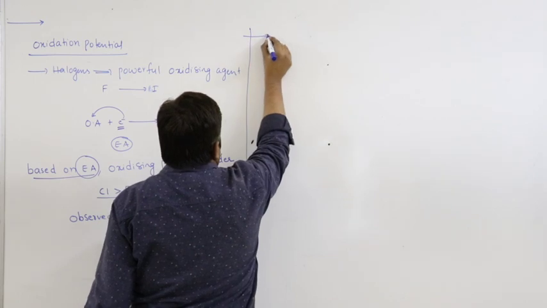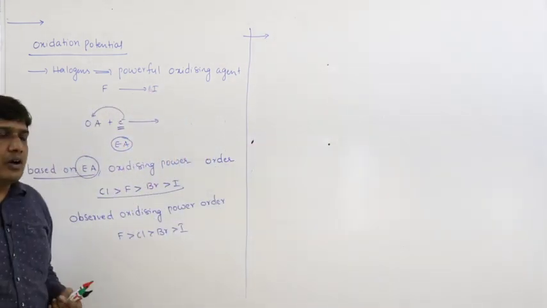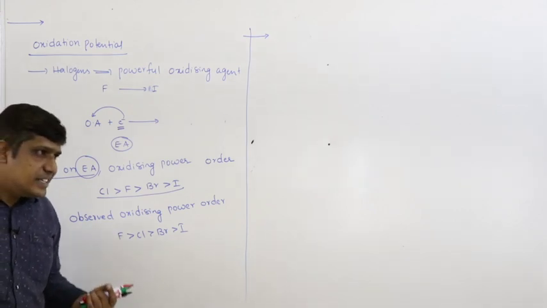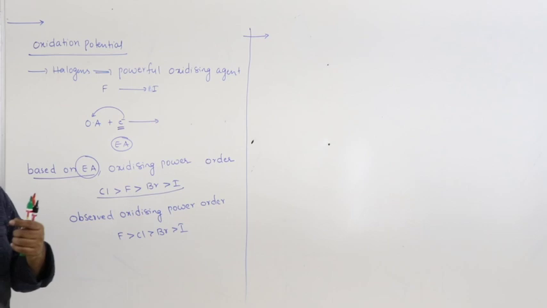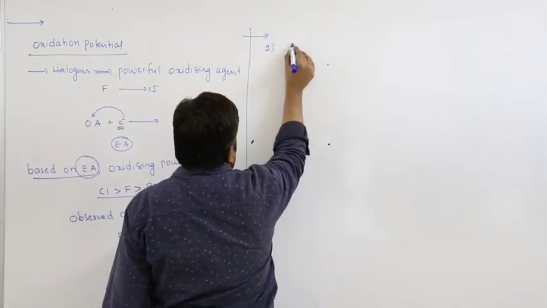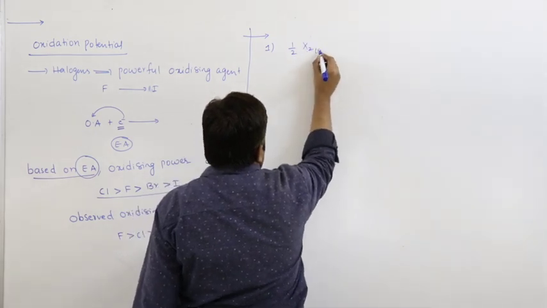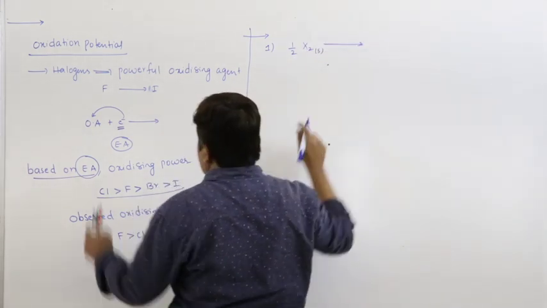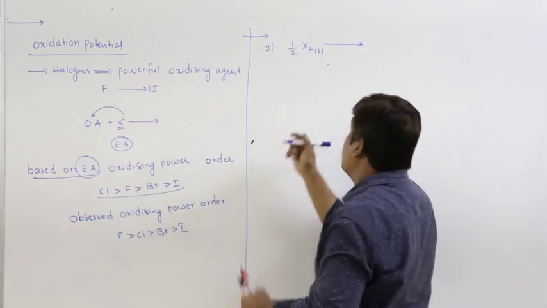The first point is that the oxidation potential, or the strength of the oxidizing agent, or the oxidizing power, depends upon various factors. What are the various factors? First, I am taking half mole of halogen X2. This can be in solid state because iodine is solid, so I am writing for all the elements.